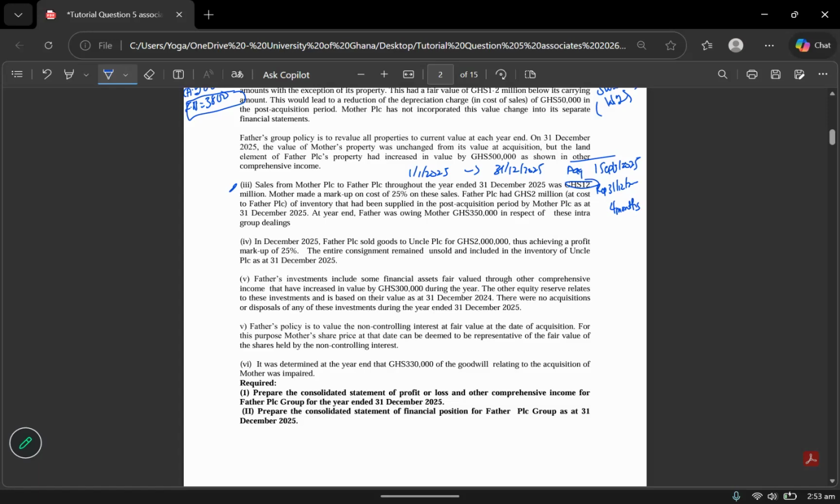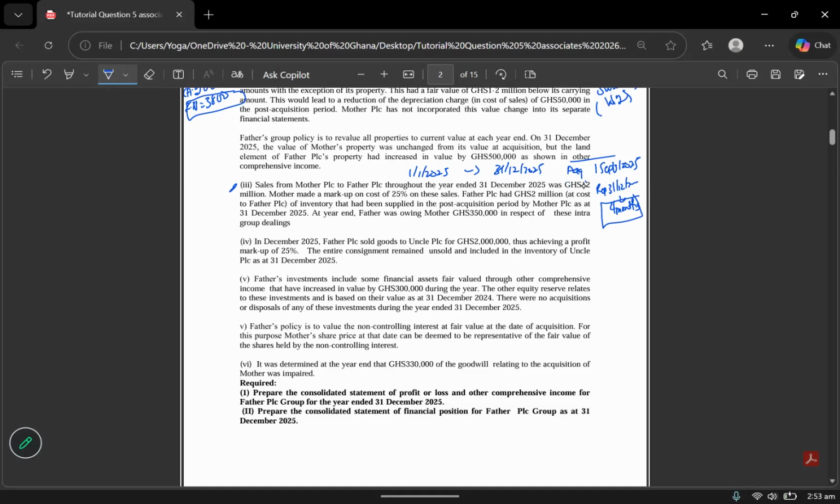So you have to do the post-acquisition period first before you go ahead to do most of the computations, because if you don't take care, you use this whole 12 million as the sales for the year, and then you compute the unrealized profit on it. But they are saying that this 12 million is for the whole year.